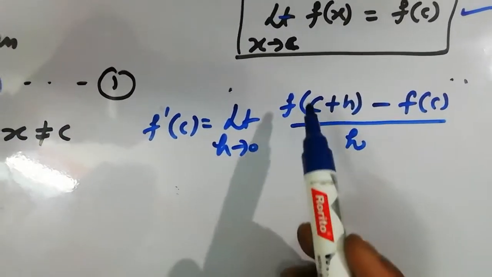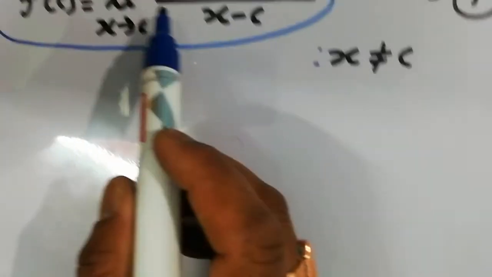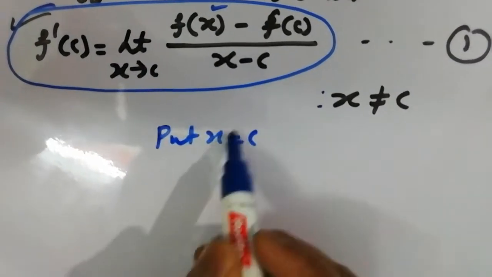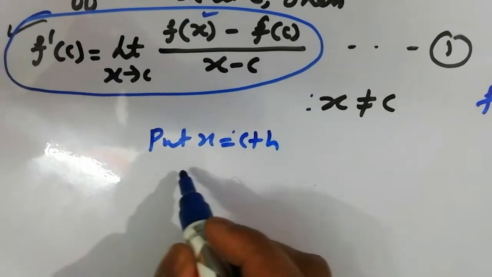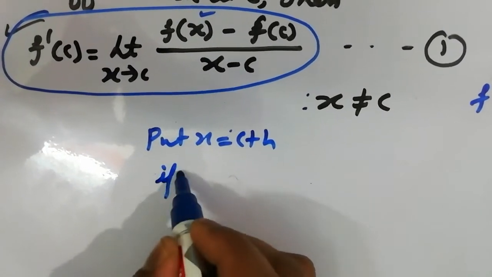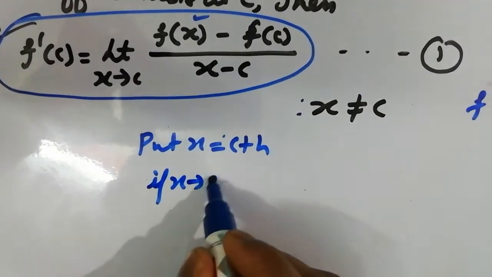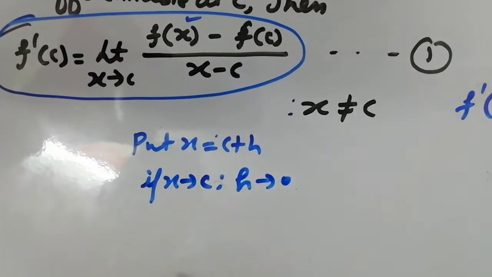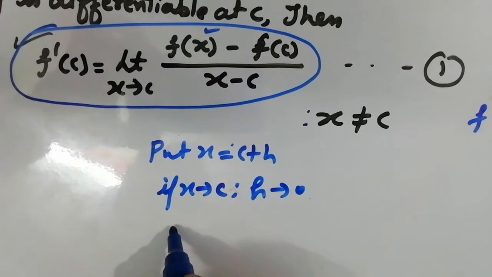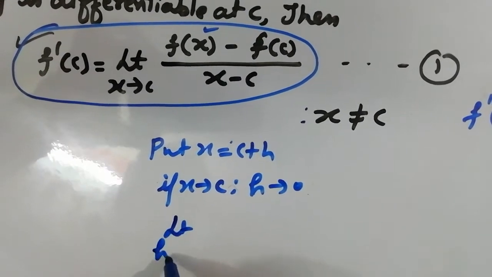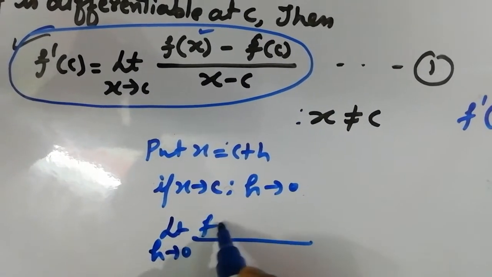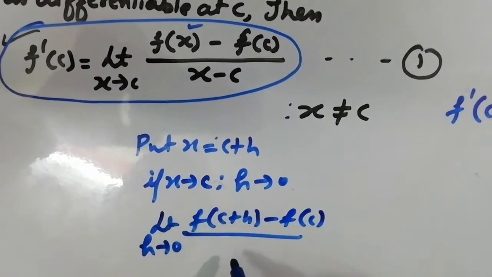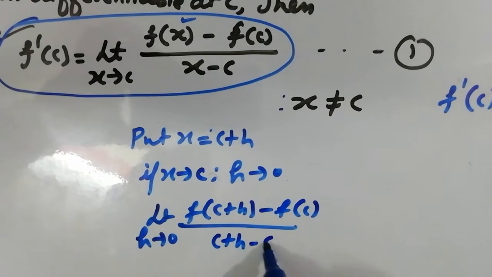Here, if I put x equal to c plus h, and if x approaches c, then h approaches 0, and your formula becomes limit h approaches 0, f of c plus h minus f of c upon c plus h minus c.